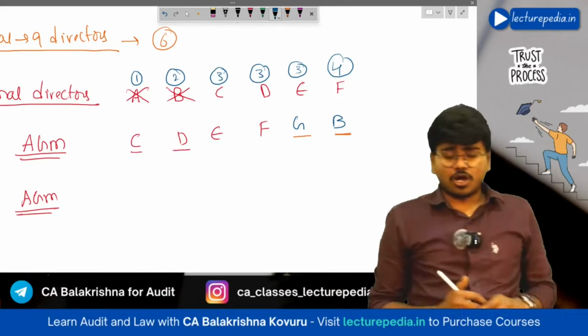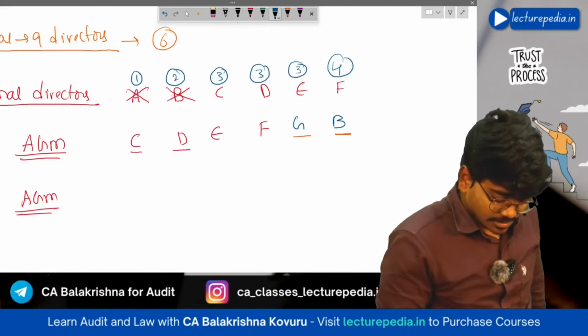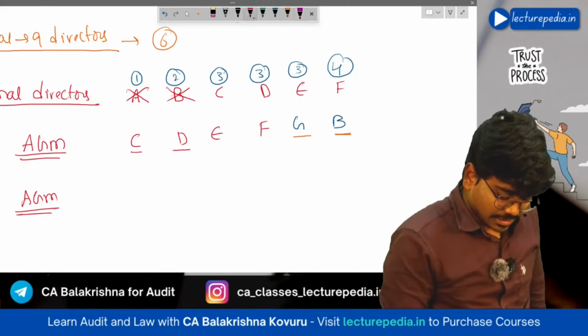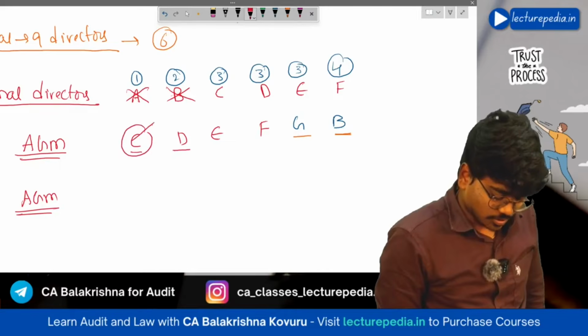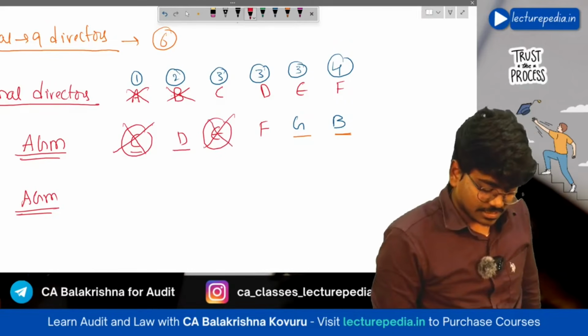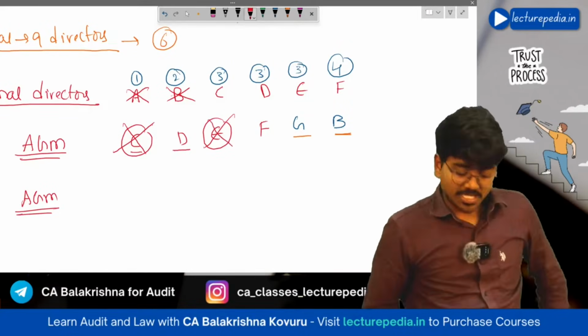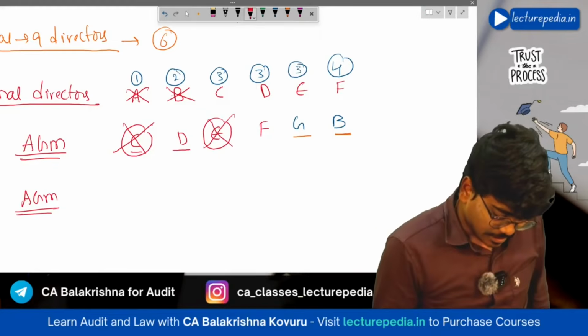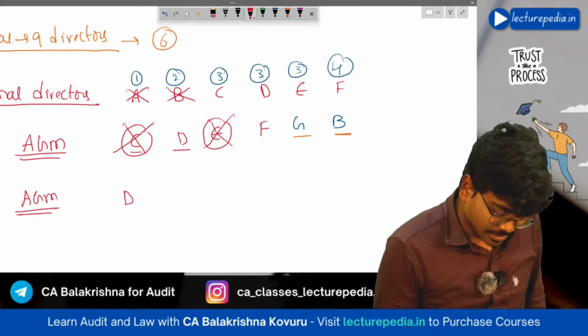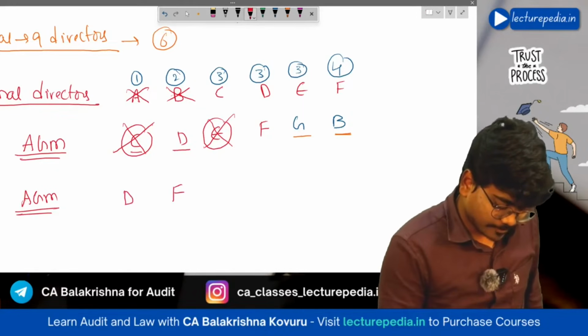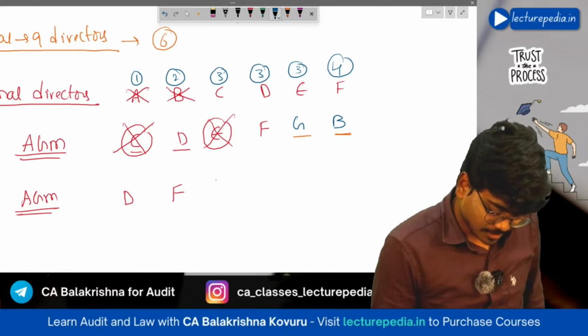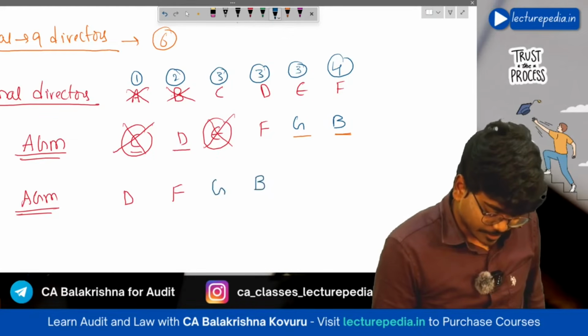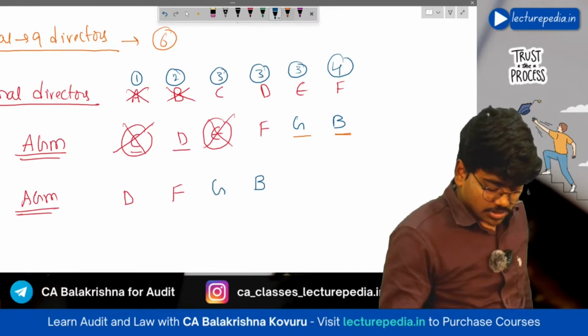Let's say in the draw of lots, C's name and E's name has come. So C and E, these 2 people will retire, and the remaining directors are D, F, G, B. Again 2 positions are vacant.